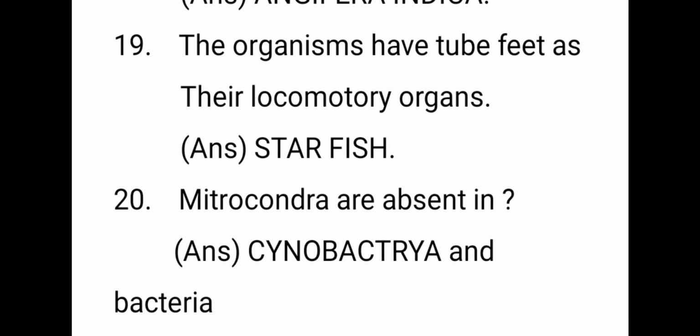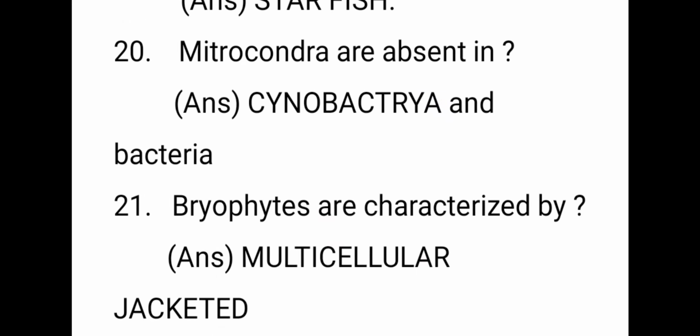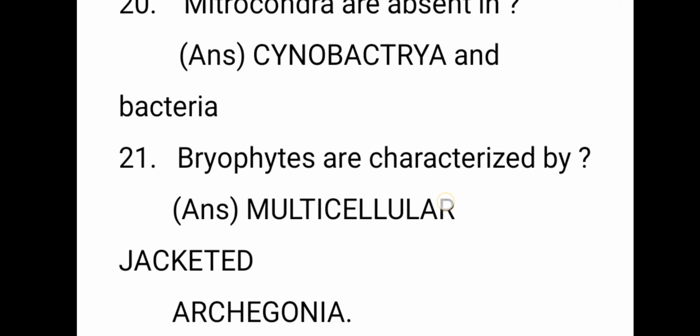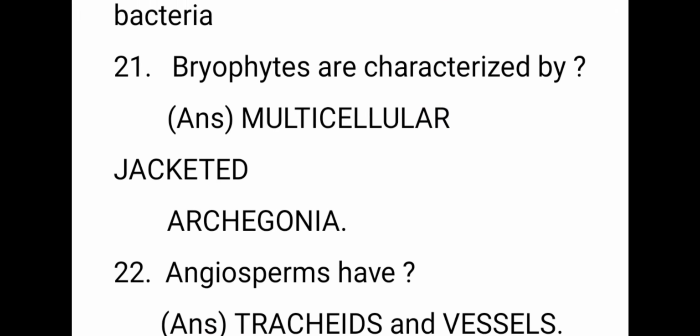The next question: which organisms have tube feet as their locomotion organs? This is the starfish. Starfish can walk with the help of tube feet. Mitochondria are absent in cyanobacteria and bacteria; they don't have them.